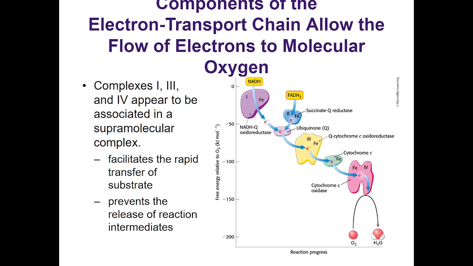Remember that our complexes are named 1, 2, 3, 4 in order so that they are arranged in order of electrons hitting them. Okay? So for example, complex 2 needed to be at 2 because it gets electrons and transfers them to 3, right? Complex 1 doesn't really have anything directly, kind of does, but it needs to happen before complex 2.